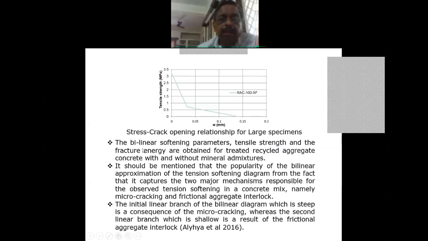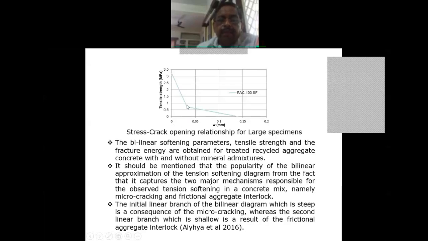So this bilinear softening parameter, tensile strength and the fracture energy are obtained from this. And it should be known that there are two major mechanisms responsible for the tension softening observed in concrete, namely microcracking and frictional aggregate interlock. So this first slope, W1, will be for microcracking.